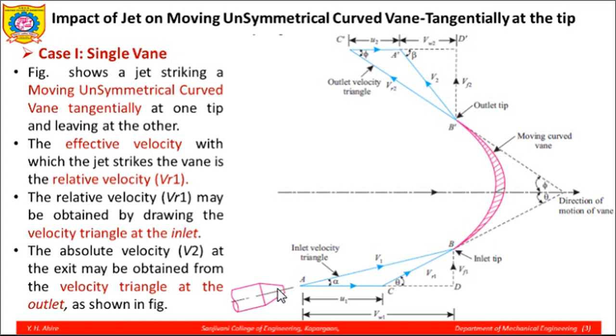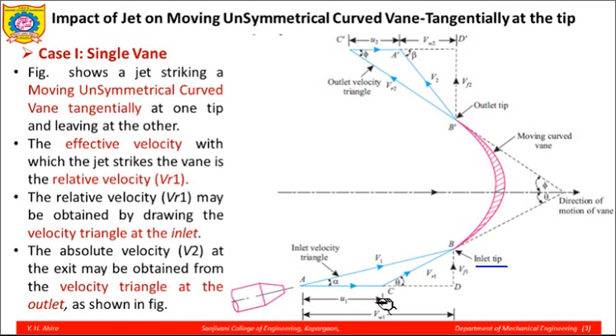The jet of water is made to enter over the vane tangentially at one of the tips, and that tip is called the inlet tip. So this is the inlet tip, where the jet of water enters tangentially like this. This is the position of the nozzle. The nozzle will produce the jet with absolute velocity v1, and the vane has velocity in this positive x direction, small u.